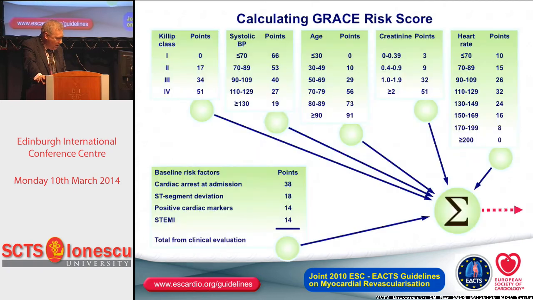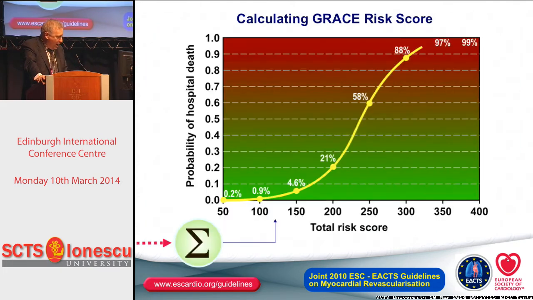I come back to what you have to calculate this risk score. So it's about blood pressure, it's about age, things you cannot change. It's about heart rate. When the patient is tachycardic, it's probably because he has some form of shock. You have renal function, you have ST segment deviation, you have the markers, and so forth.